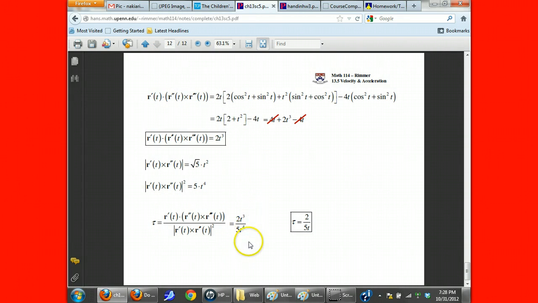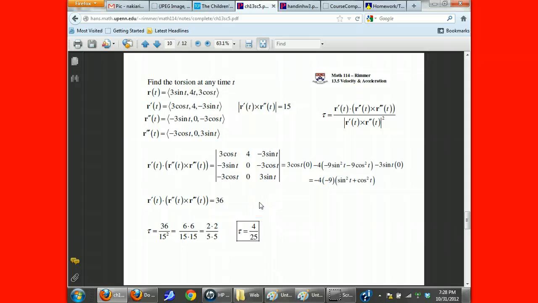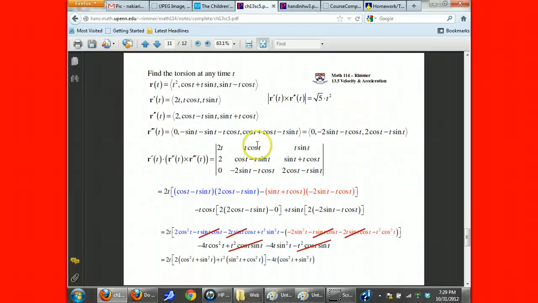The point is that it doesn't always give you a constant. This one is a nice constant. Torsion is the degree of twisting that a curve has. The helix has a constant degree of twisting, if you think about it, as it wraps around and goes up, or I guess in this case, goes along the y-axis. But this particular vector curve here doesn't have a constant torsion.